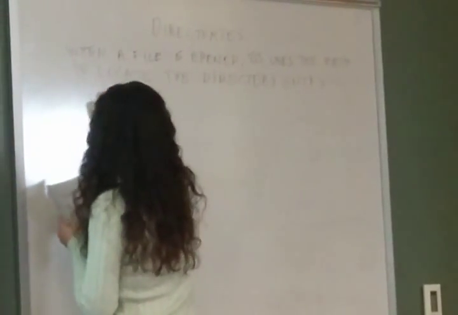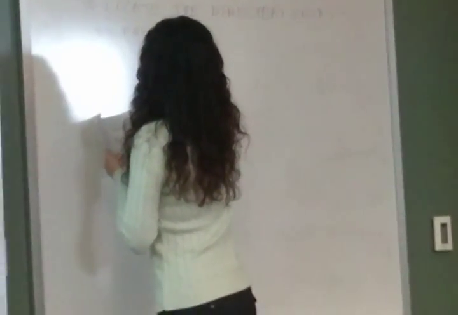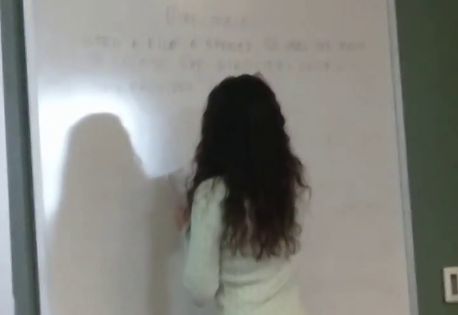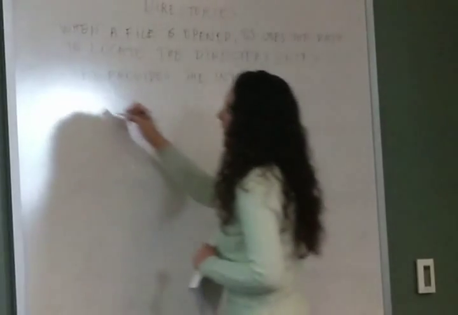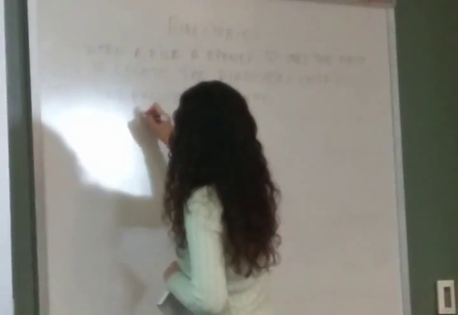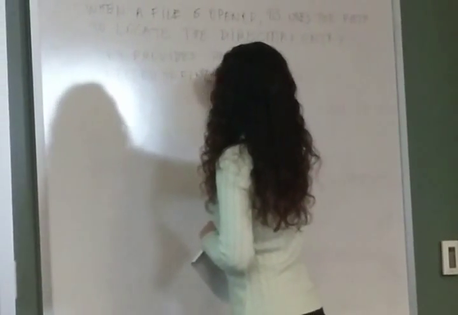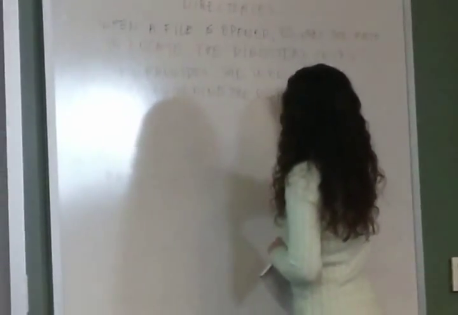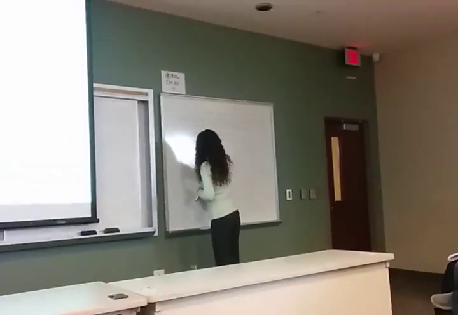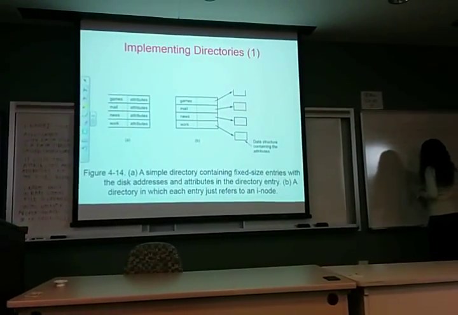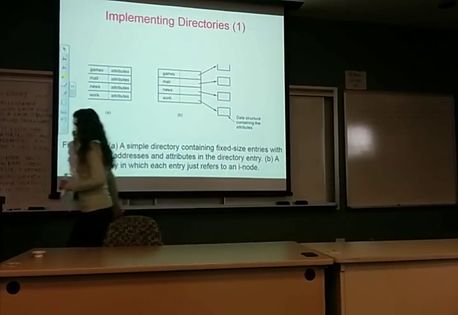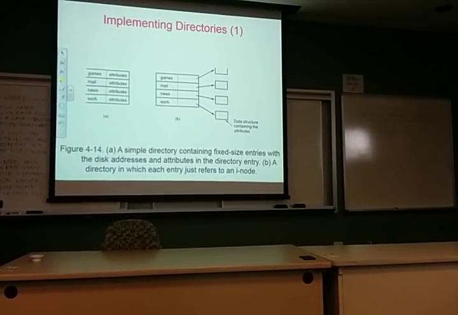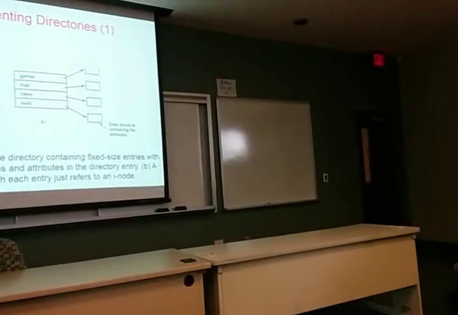The directory entry provides the information which is needed to find the disk blocks for that file. What information do we need?